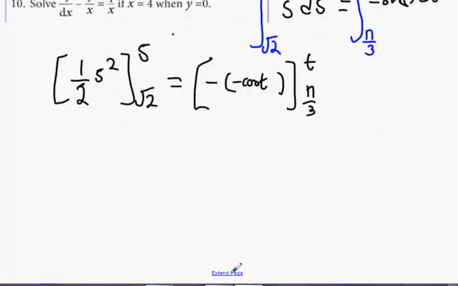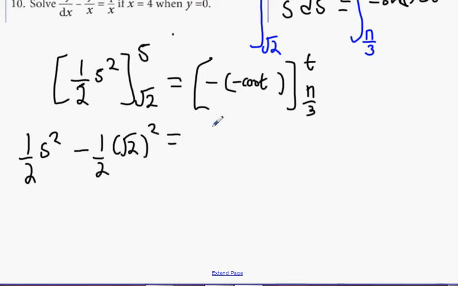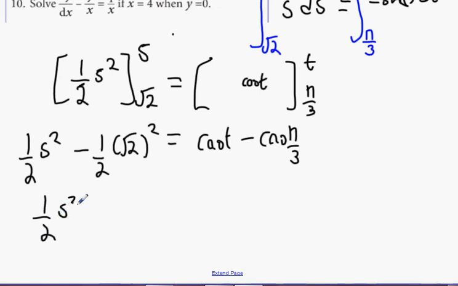And then just do the limits, a half s squared minus a half times root 2 squared equals, just get rid of these two minuses for a second, just cos t, and then put in t, go cos t minus cos pi over 3. What is cos pi over 3? Let me remember.